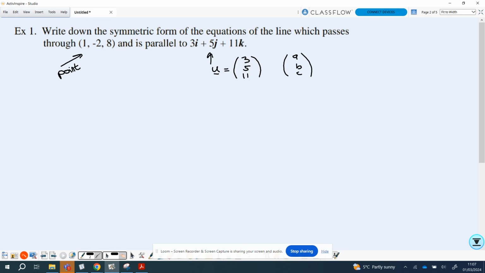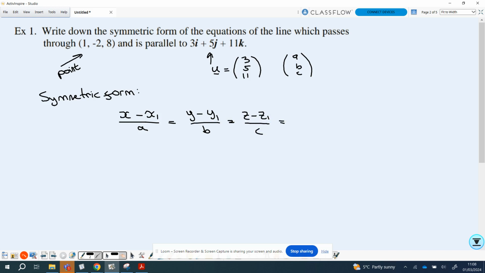So how would that look in symmetric form? We've got (x minus x1) over a, that equals (y minus y1) over b, and that equals (z minus z1) over c, and all that would equal the parameter t.